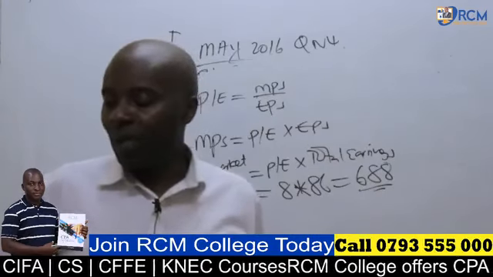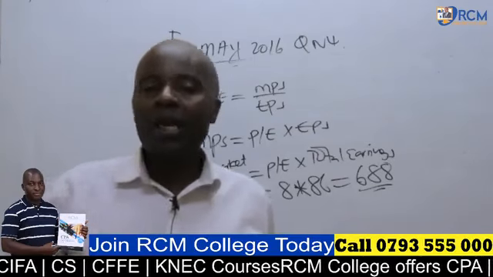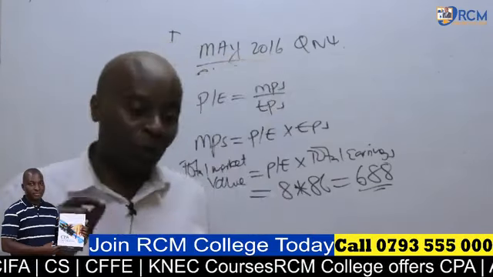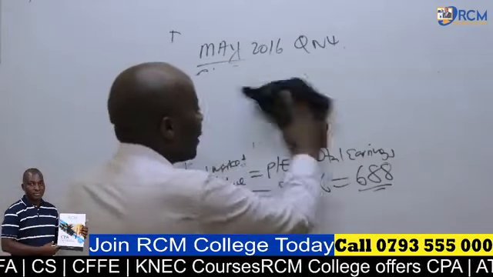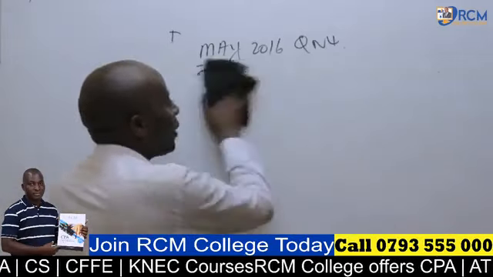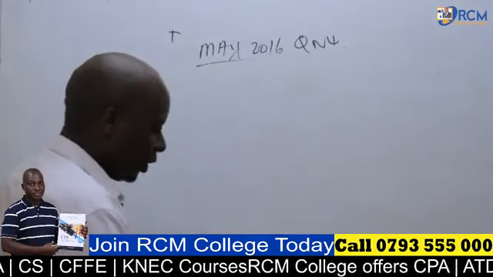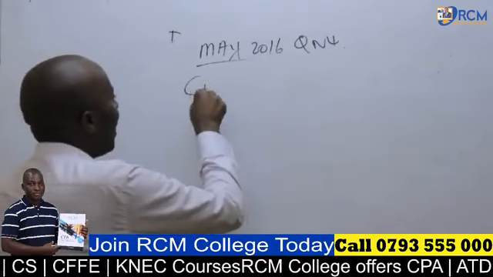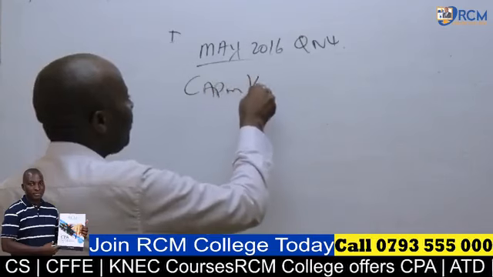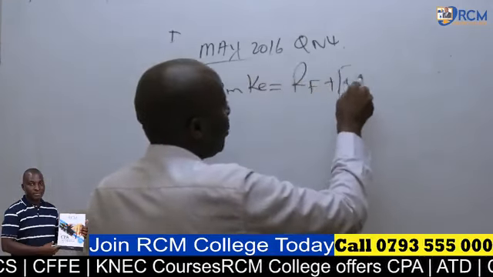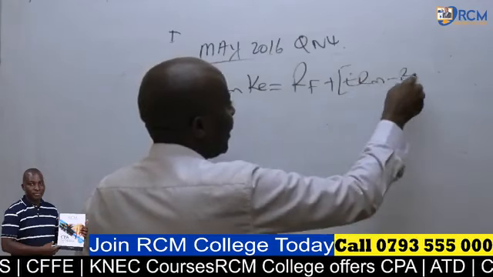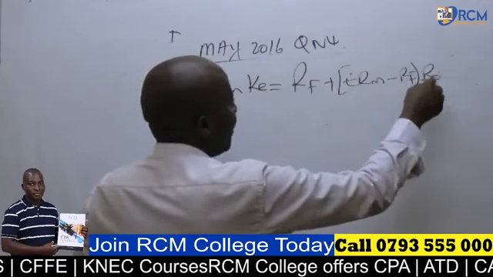One of the major uses of CAPM, ladies and gentlemen, is to ascertain the cost of equity. And to get CAPM's cost of equity, we'll take risk-free plus (ERM minus risk-free) multiplied by beta equity.